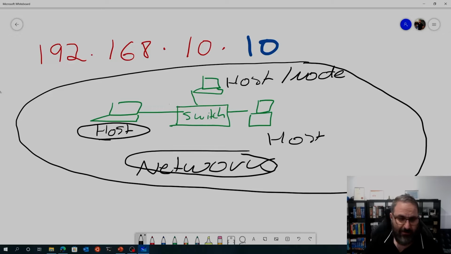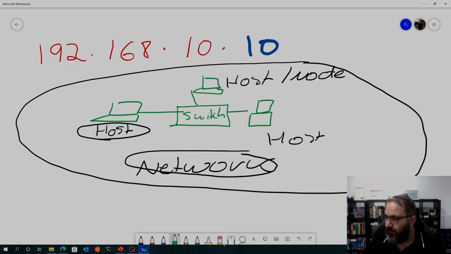Consider that for a second, because in the end, we can go through all the complicated IP addressing, subnetting, and VLSM, variable length subnet masks, which we are going to go into. But at the end of the day, if you don't understand this concept, you cannot progress any further. We've got to understand this part. It's critical.